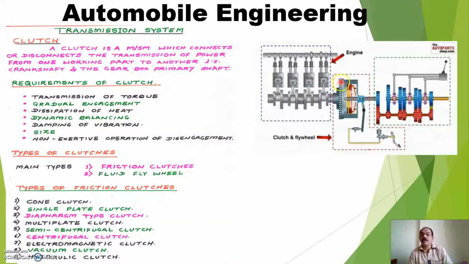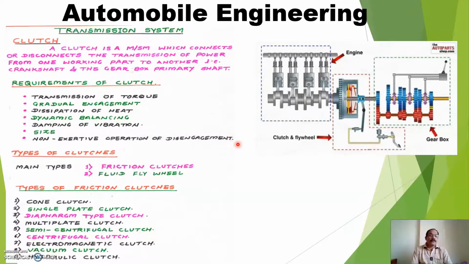Which two parts? One is the flywheel and second is the clutch. Some springs are provided here, so that there is always a force on this plate. So this is the engagement and disengagement of the clutch.